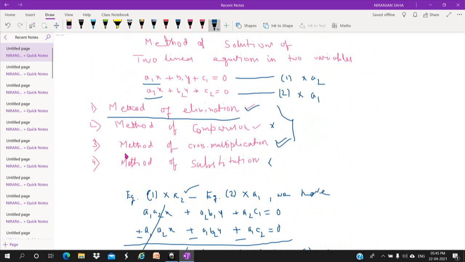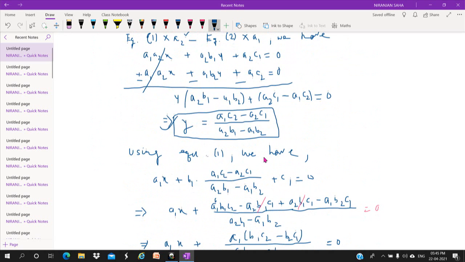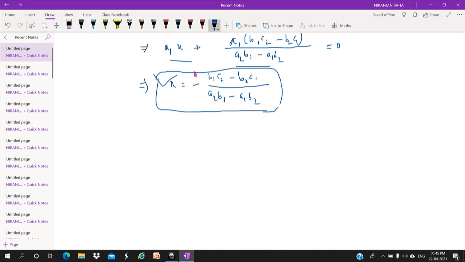Now the method of cross multiplication. Here we again write the two equations: a1 x plus b1 y plus c1 equal to 0, a2 x plus b2 y plus c2 is equal to 0. Right, we have cross multiplication.